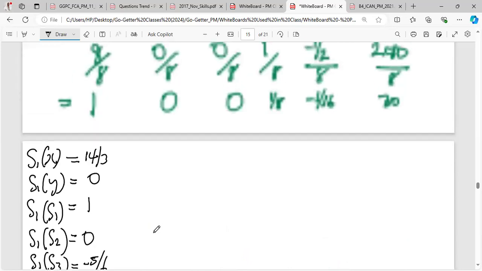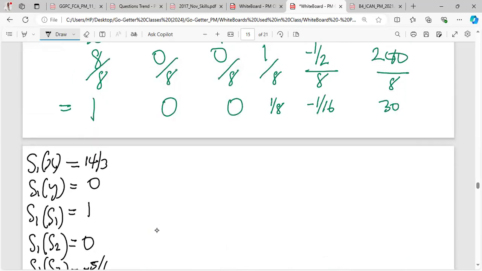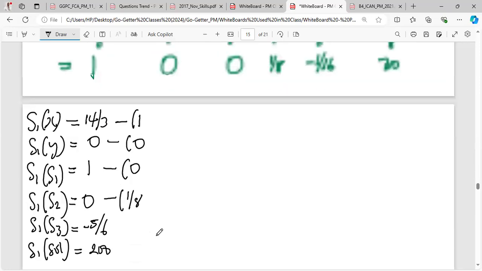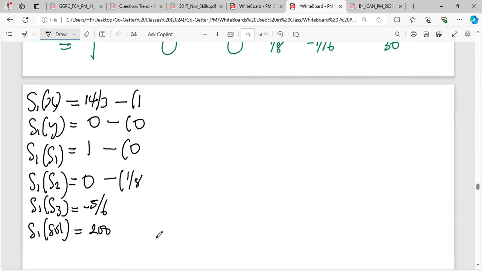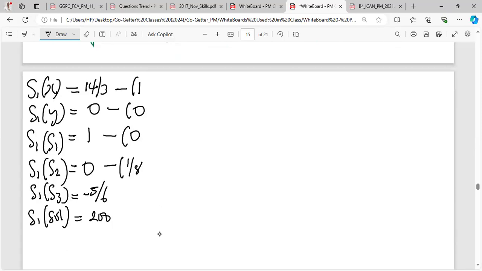Okay, so the formula says there's going to be a minus, then all of this is the new, so this is going to be 1, 0, 0, 1 over 8, minus 1 over 16 and 30.